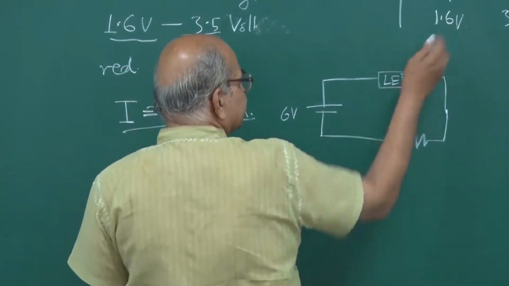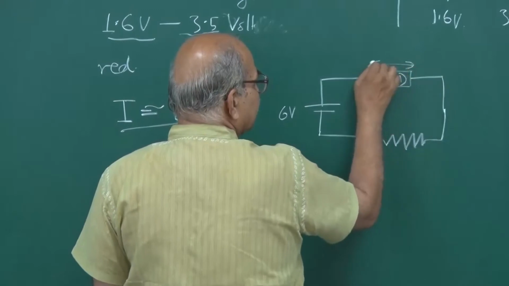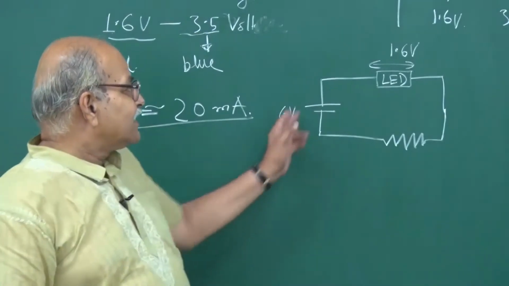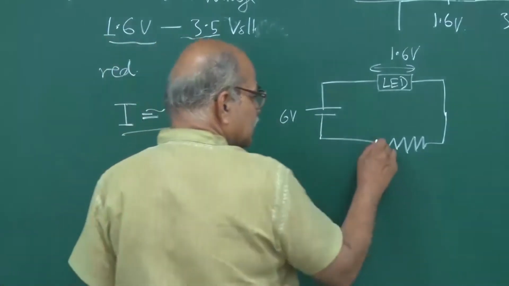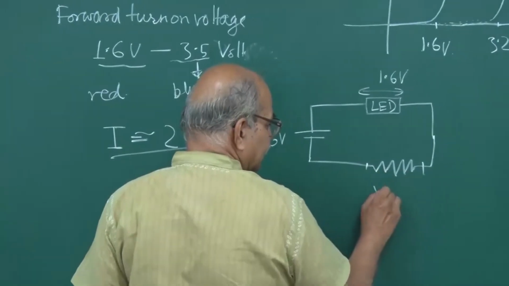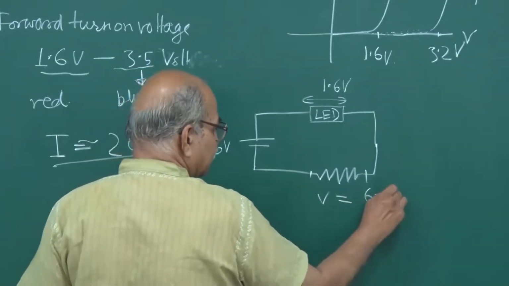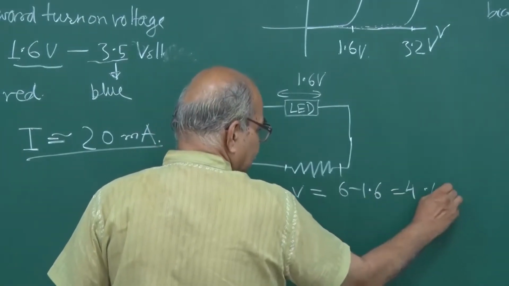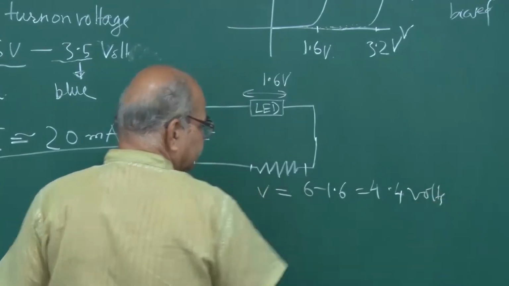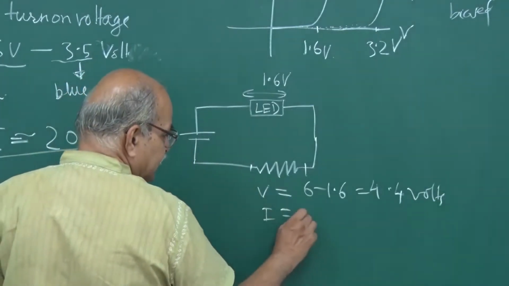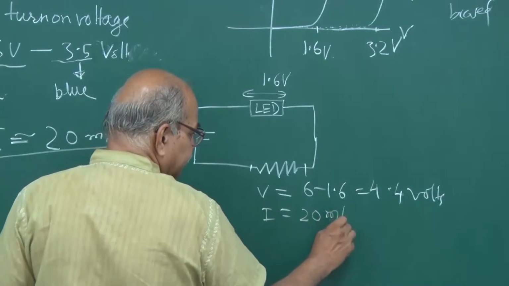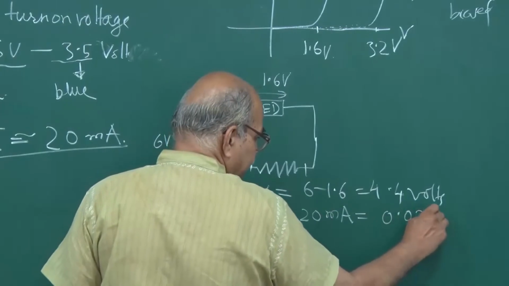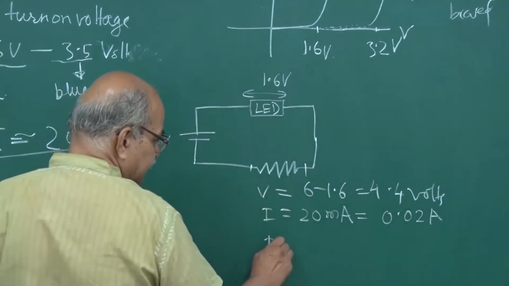Suppose this is a red LED, then the voltage drop here will be 1.6 volt or so. So the rest is coming here. How much is this potential difference? This potential difference is 6 minus 1.6, and that is 4.4 volts. And if you want I to be 20 milliamperes, 0.02 amperes, then what should be the resistance?